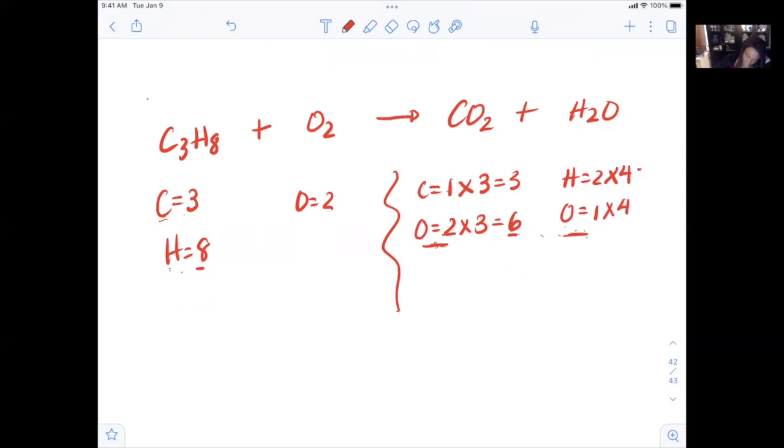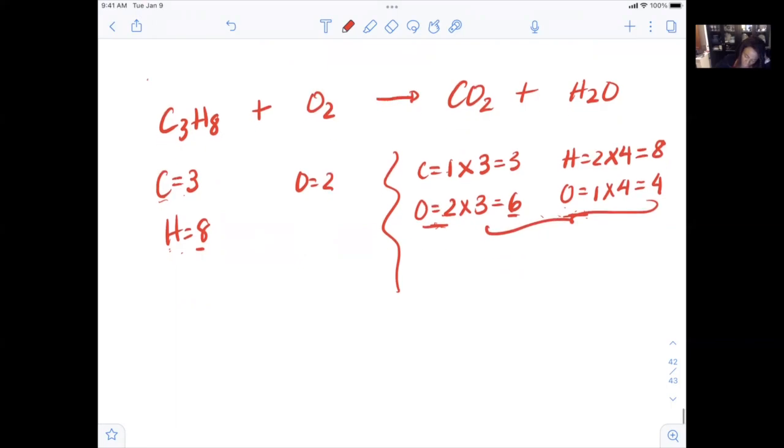I end up with 8, 4. This is another good one, not bad. I'll do an even number next. So 3 and 3 balance, 8 and 8 balance. Total oxygen is what? 10. So times 5 to make 10. 10 and 10 balance. My coefficients: 5, 3, 4.